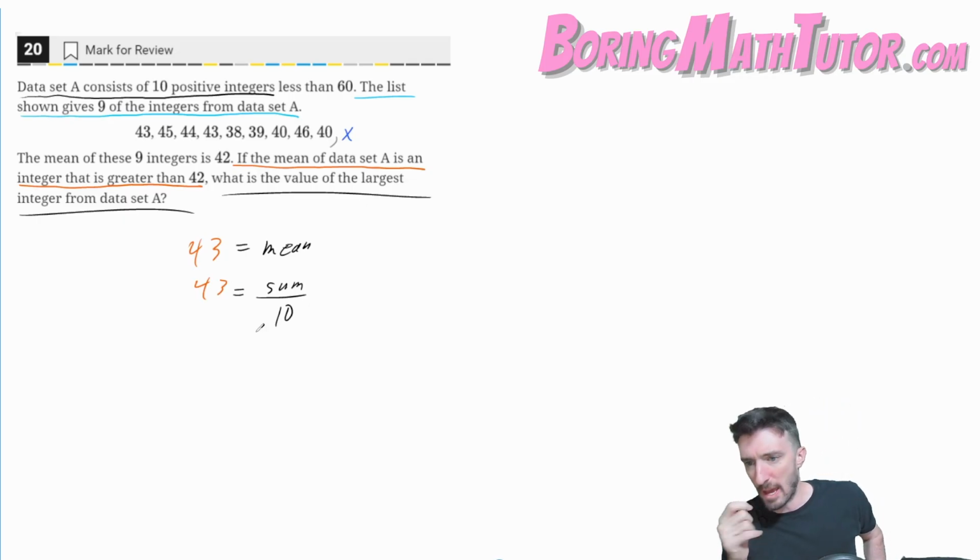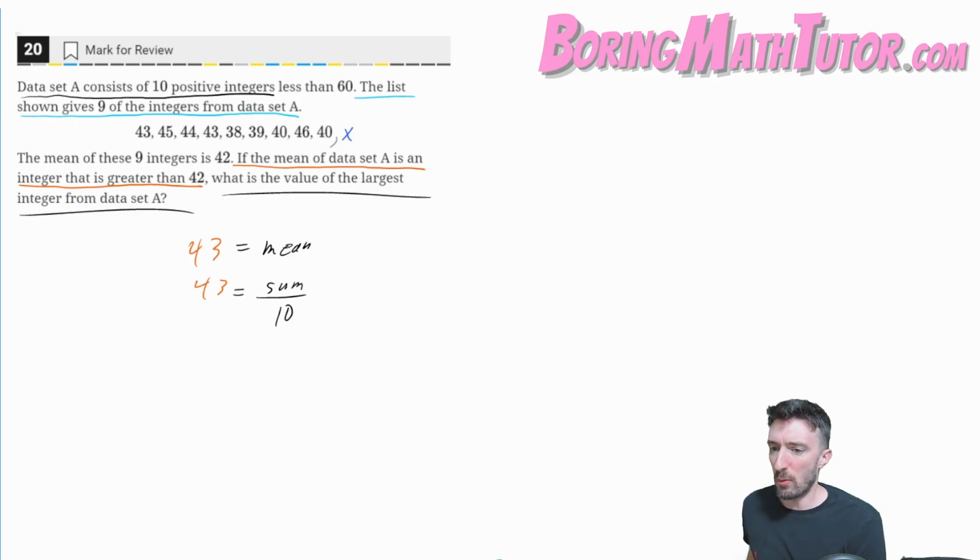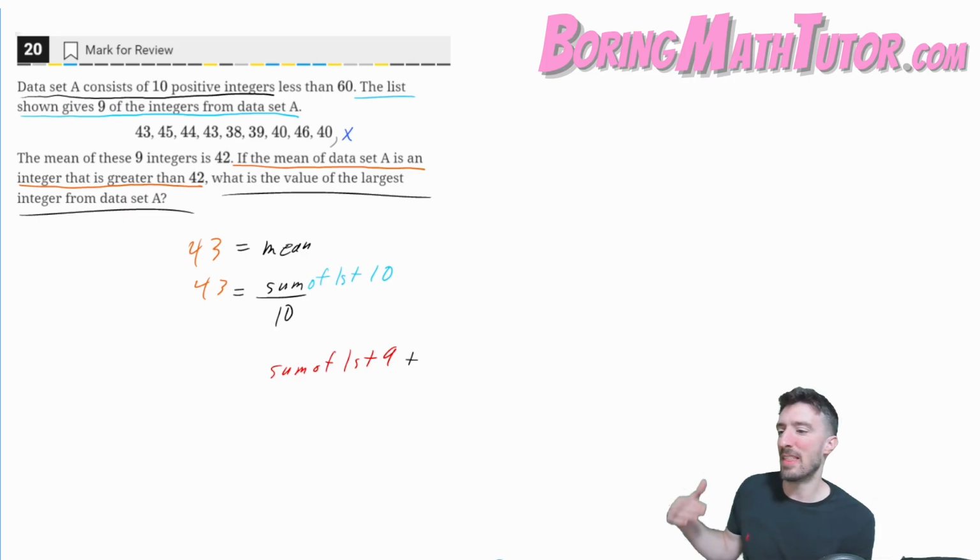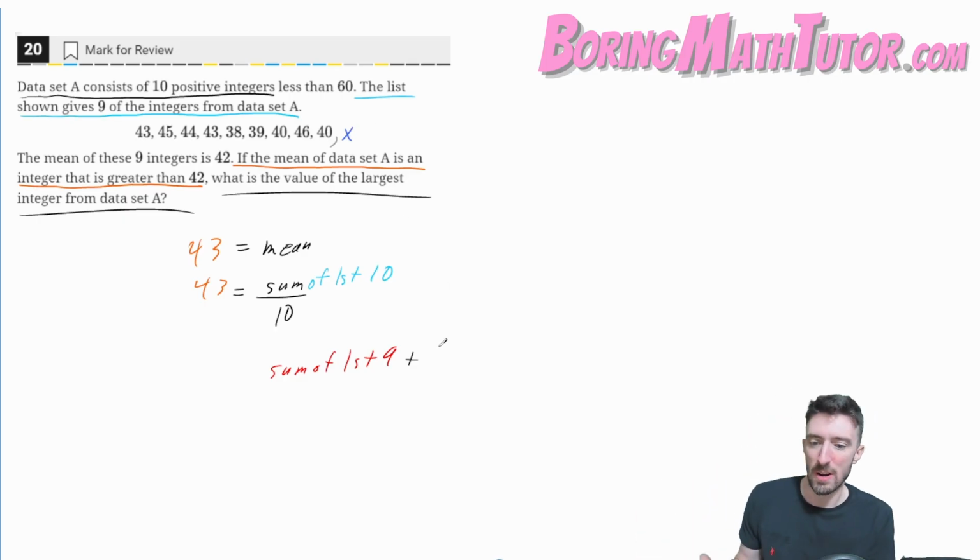Well, okay, but now what I can do is say that it's really the sum of the first 10. But if I wanted to get the sum of the first 10, I could do that by first finding the sum of the first 9 and then adding on that last number, which let's call that X.